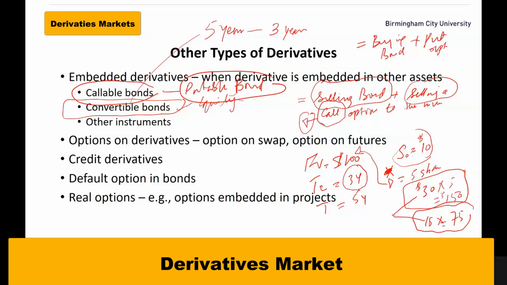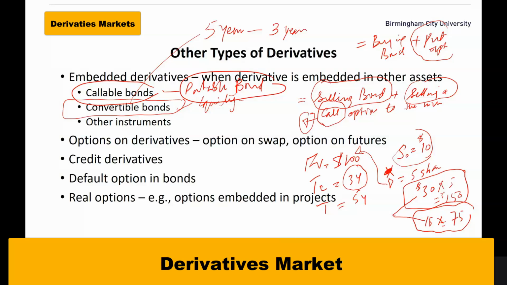And that will be quite useful when interest rates go up. When interest rates go up, the bond price goes down, and then put options become quite useful, because when the bond price goes down in the market, it will be a loss for the bond investor.